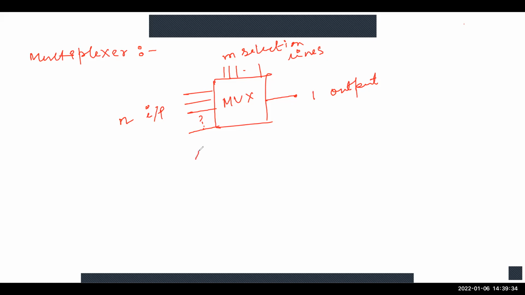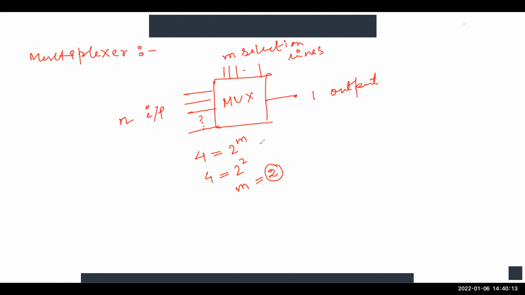Comparing 4 equals 2 to the power m, what is the value of m? m is equal to 2. So if the input lines are 4, our select lines should be 2.